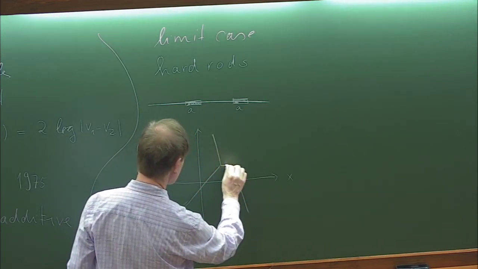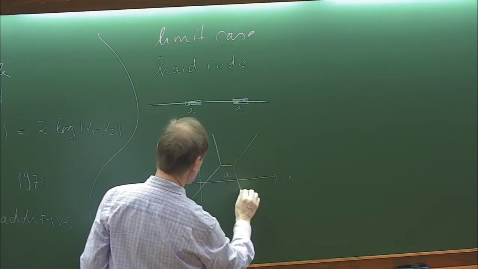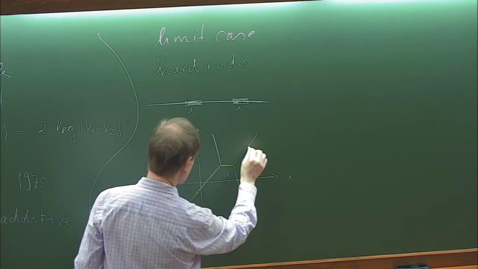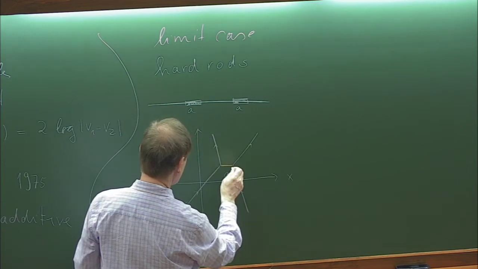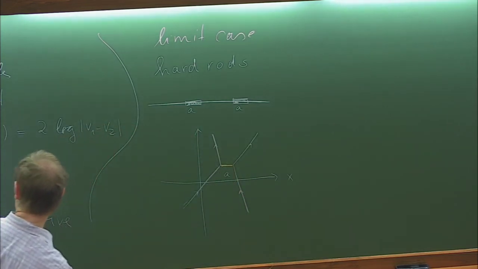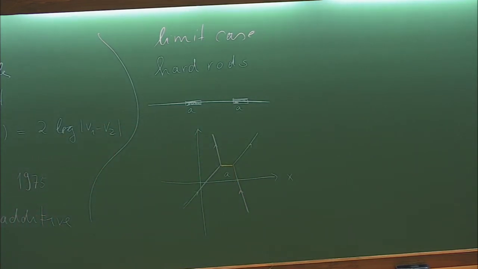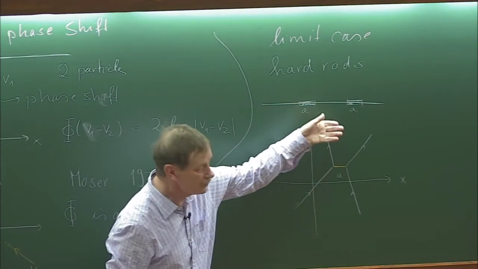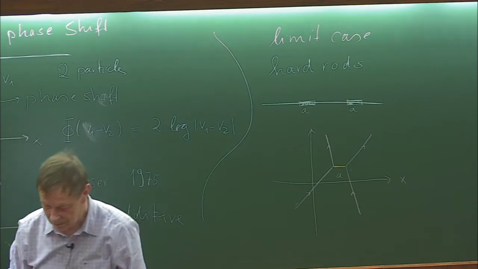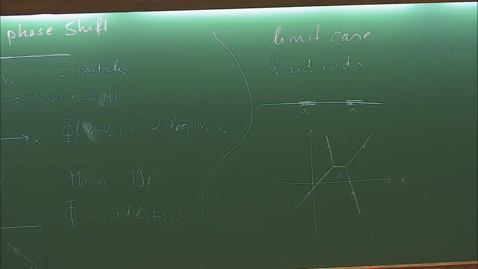And it goes like this, and this will simply jump over here, right? So you see that this is the limiting case where this collision time has been shrunk down to 0. And the additive nature, you can read off more or less visually. You don't need any proofs for that.